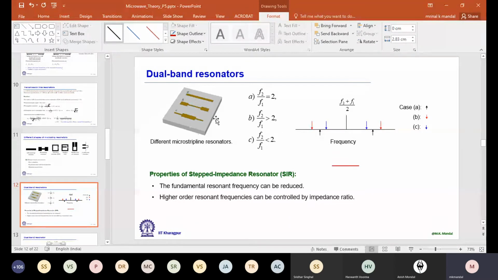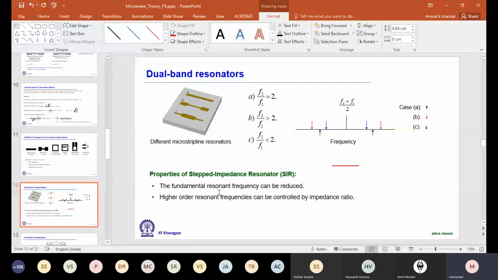For case A, we already learned that if the first resonance is at 1 GHz, it will also support the harmonics, all the odd and even harmonics, 2, 3, 4, and so on. So f2 by f1 is 2, and here I am showing it by this black arrow.